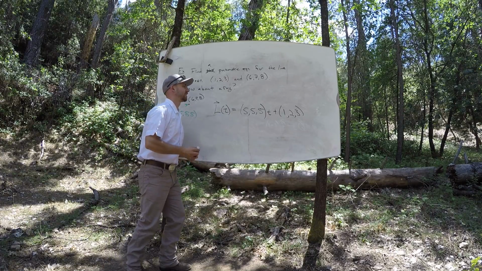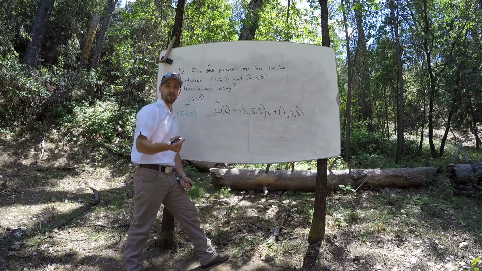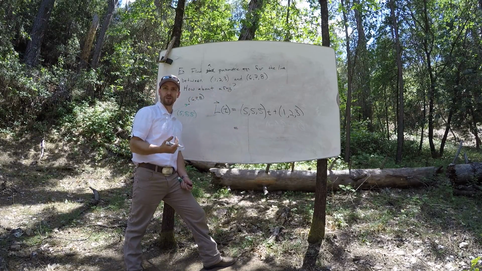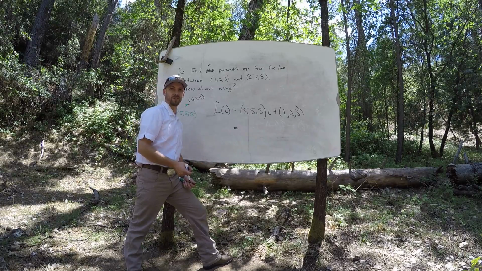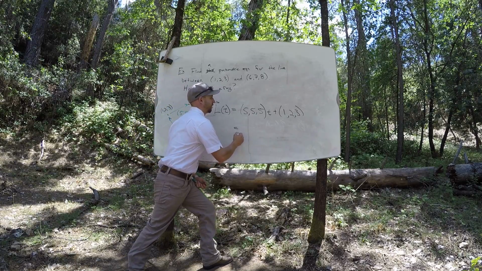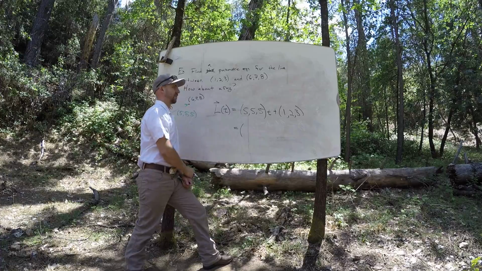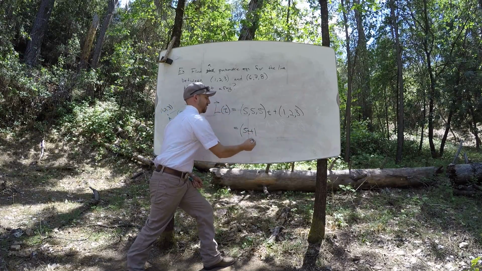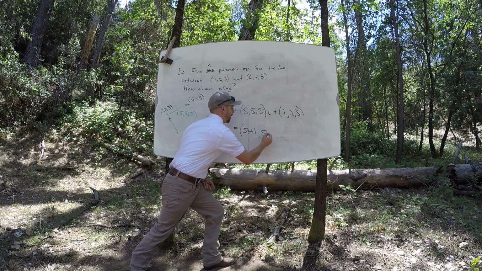Very nice. If I simplify this a little bit, and this is the reason I was pushing for the simplified notation, what do I get? You get 5t plus 1, 5t plus 2, and 5t plus 3.